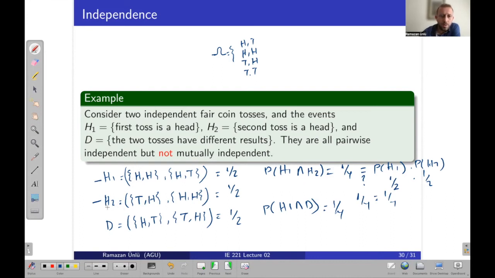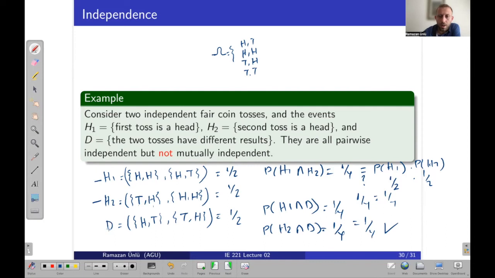The third one is H2 and D. What is the common point here? Tail-head, only one pair. So the probability of H2 intersect D is 1/4, and the multiplication of the individual probabilities is also 1/4. So H2 and D are also pairwise independent.